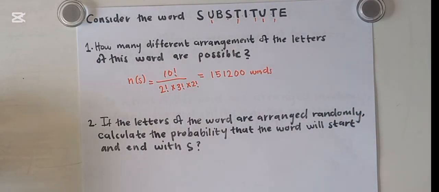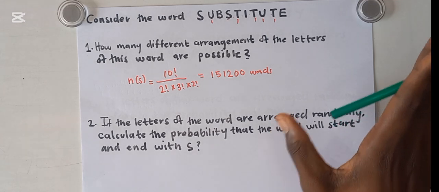The second example says that if the letters of the word are arranged randomly, calculate the probability that the word will start and end with s. So guys, this is one of the most important things.